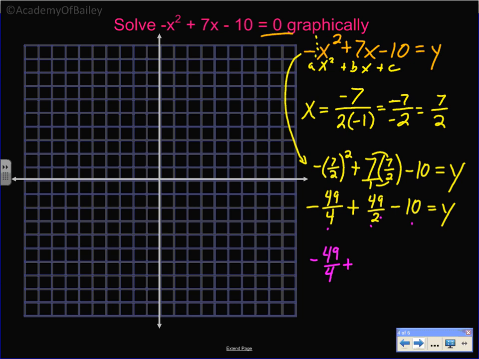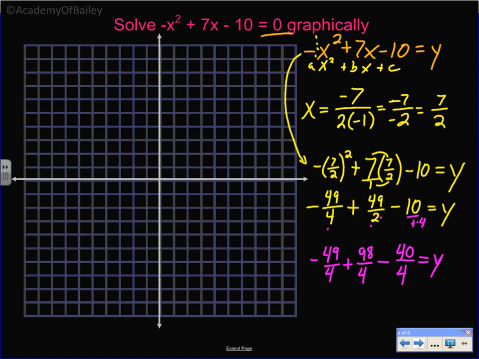If you have to multiply 2 by 2 to get 4, you have to multiply 49 by 2 to make an equivalent fraction. 98 over 4 will reduce to 49 over 2. And 10, if we have 10 over 1, we need to multiply the 1 by 4 to get 4, and so you have to multiply the 10 by 4 also, and you get 40. And so that's what we're looking at.